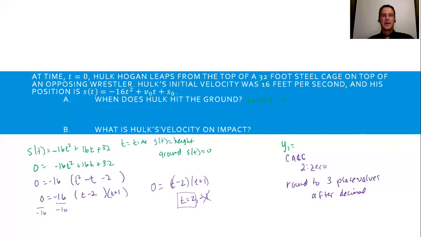All right, now velocity, just so you know, is the derivative of your position. So let me write this over here. If this is your position, then the derivative of your position is your velocity.